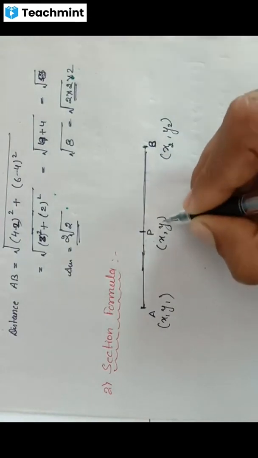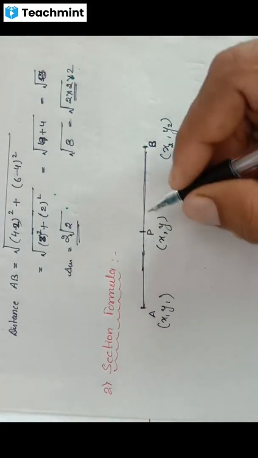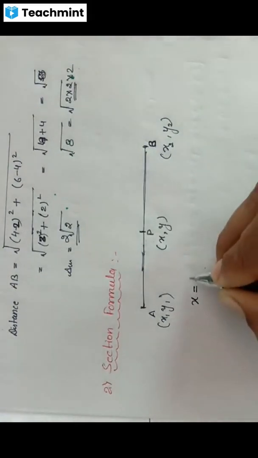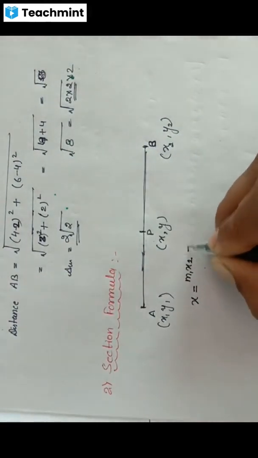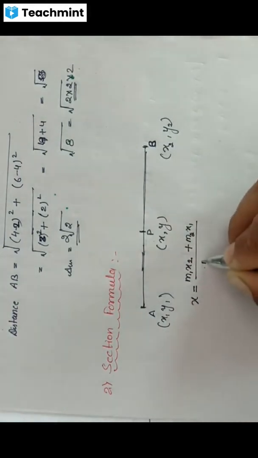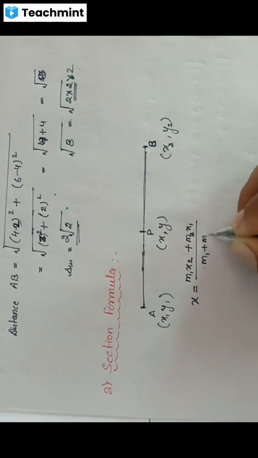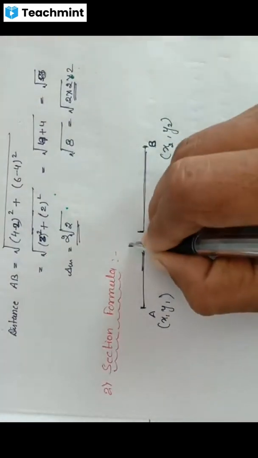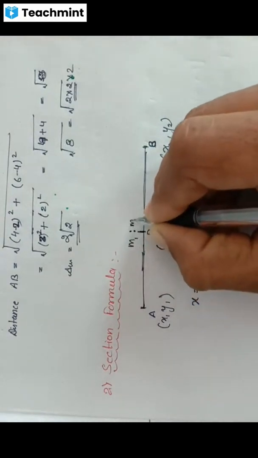To find this x and y, we have the formula. This x is found like this: m1 x2 plus m2 x1 upon m1 plus m2. And what is m1? That is the given ratio, m1 is to m2.